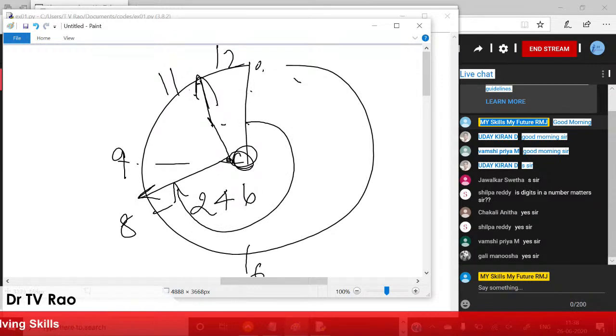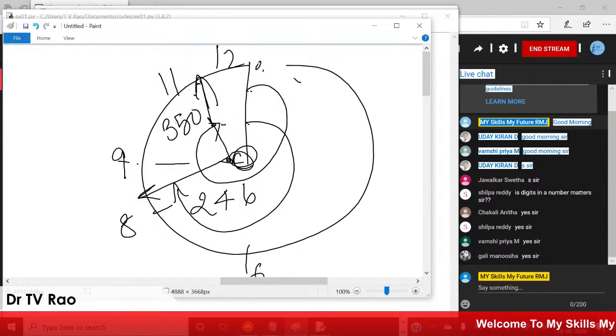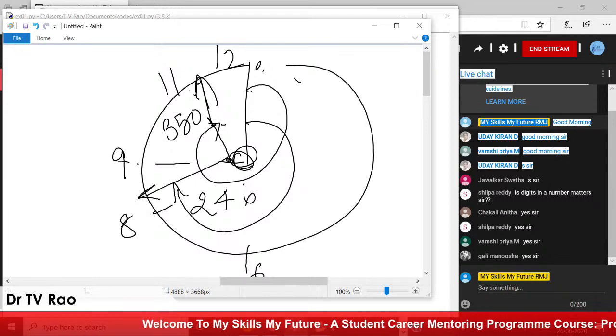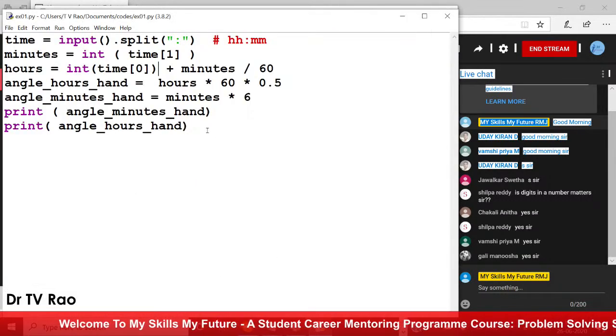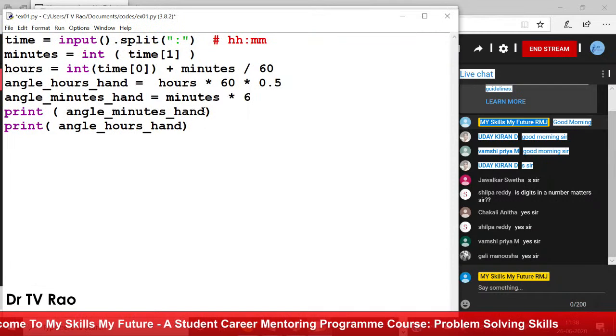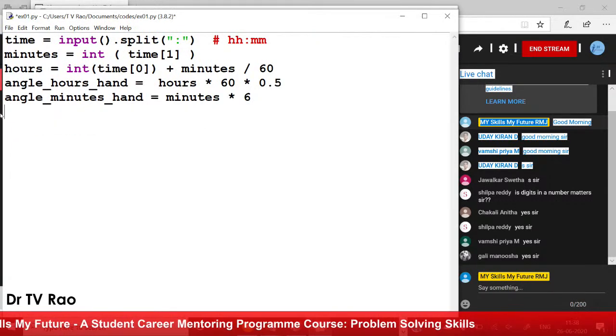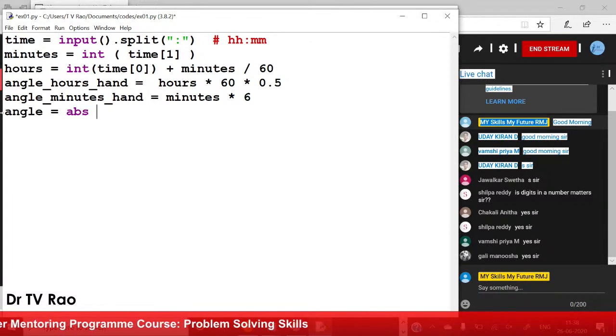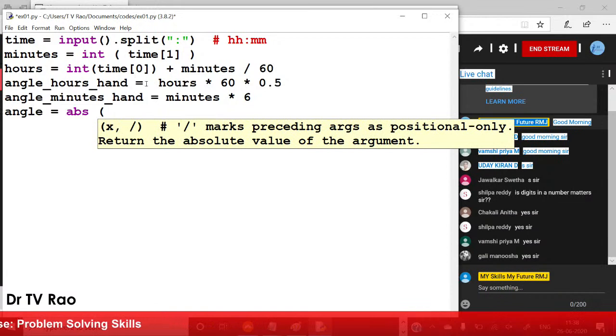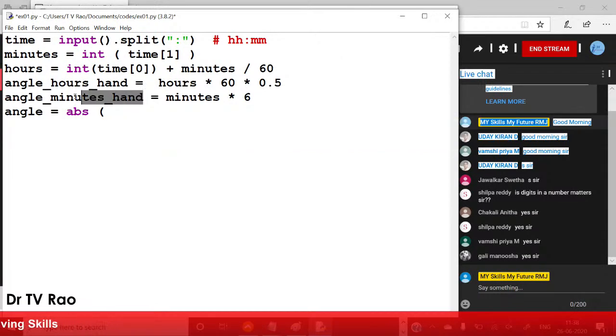Okay, to get the angle between the hands you must subtract, but we don't know which one is bigger and which one is smaller. So let us take the absolute value. Let us call that the required angle. Take the absolute value of the difference of these two, this minus this.